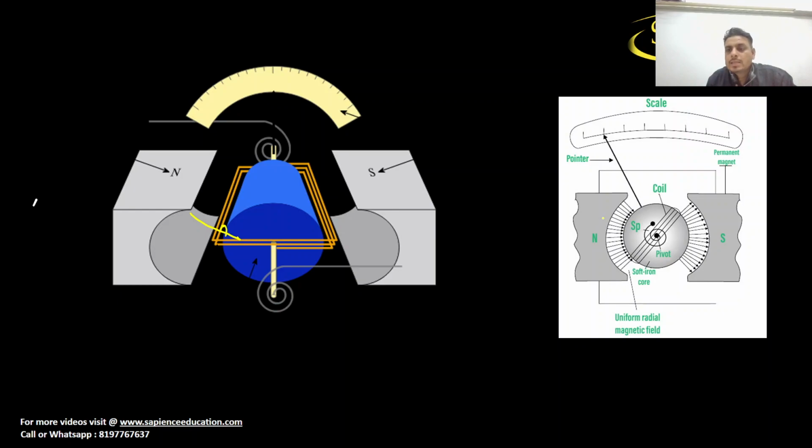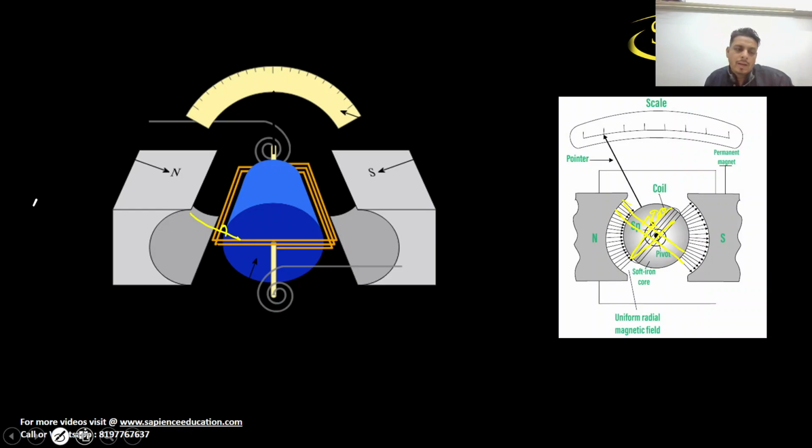See, this is your coil, and the coil is a circular area. The angle between the magnetic field, this is the magnetic field line, and the coil is 90 degrees. It is making an angle of 90 degrees with the magnetic field every time.